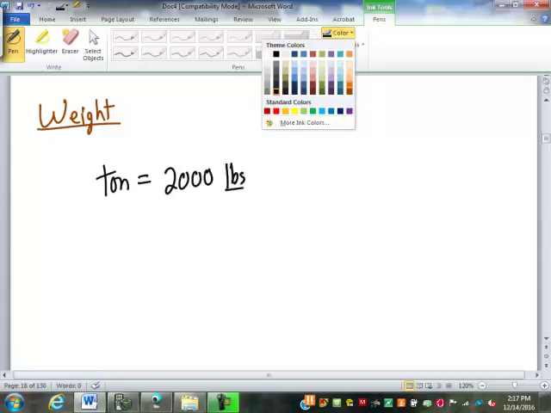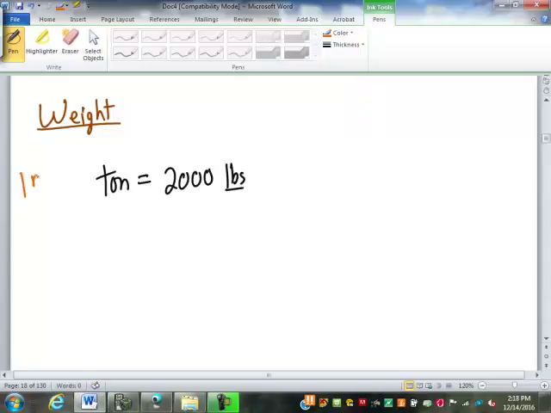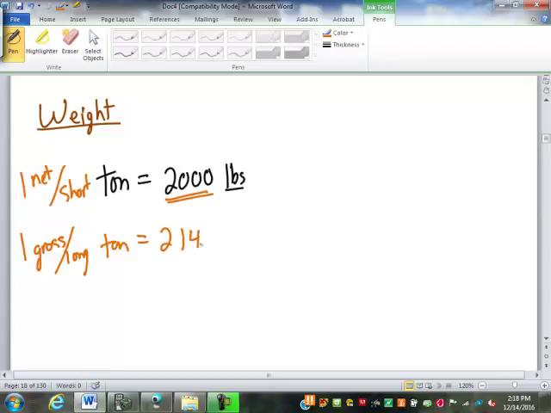This is actually what is called a net or a short ton. 99.99% of the time when you hear the word ton, they are talking about a net or a short ton, which is 2,000 pounds. That implies that there is something called a gross or a long ton. And a gross or a long ton is 2,140 pounds.